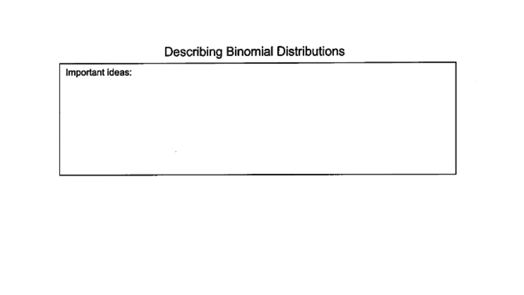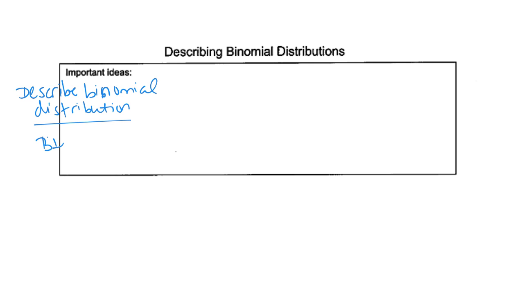All right, so let's look in our big idea box here that you have on the back. If you're asked to describe a binomial distribution, we leave that word off a lot, but it's a pretty important one. You can use your BINS to describe it: binary, independence, number of trials, same probability.